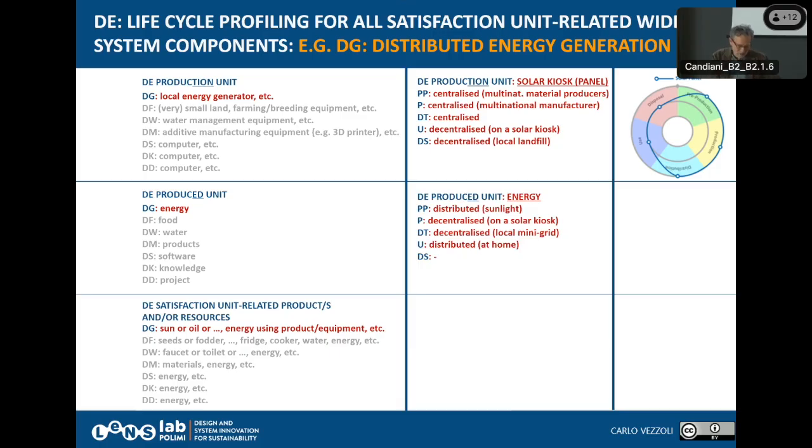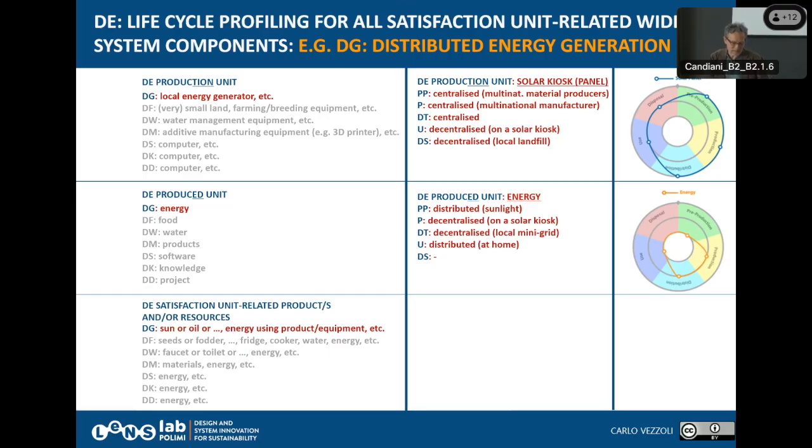The distributed produced unit is energy, and the pre-production is the sunlight, so the pre-production is indeed distributed, because the sun arrives there where it is. The production is decentralized because it's a solar kiosk.